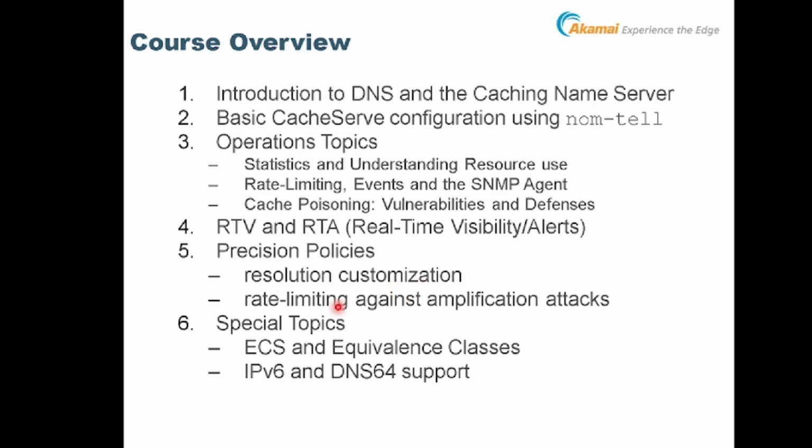And we'll also talk here about the rate limiting that I mentioned at this point, where we can make rate limiting very targeted against particular kinds of DNS exploits, specifically amplification attacks, for example.